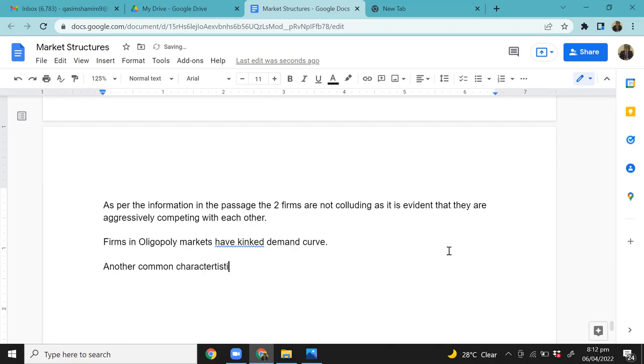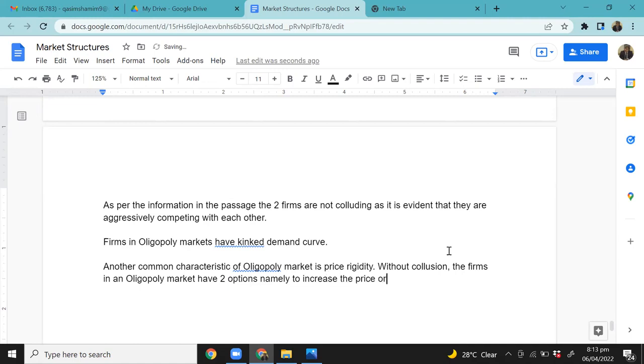A characteristic of oligopoly markets is price rigidity, right? Without collusion, firms have two options, namely to increase the price or to reduce the price.